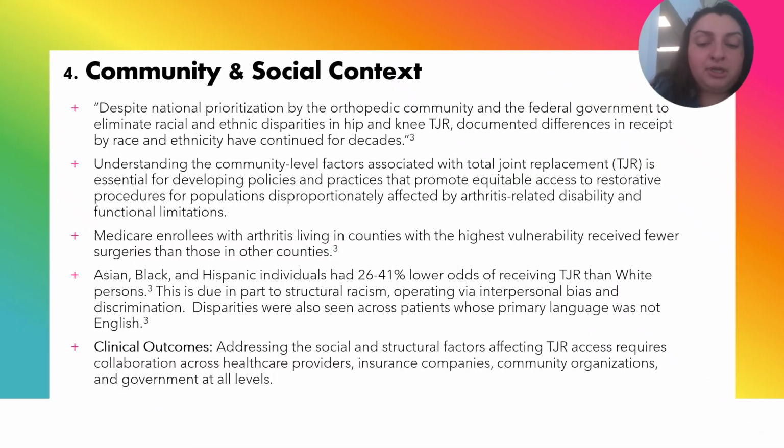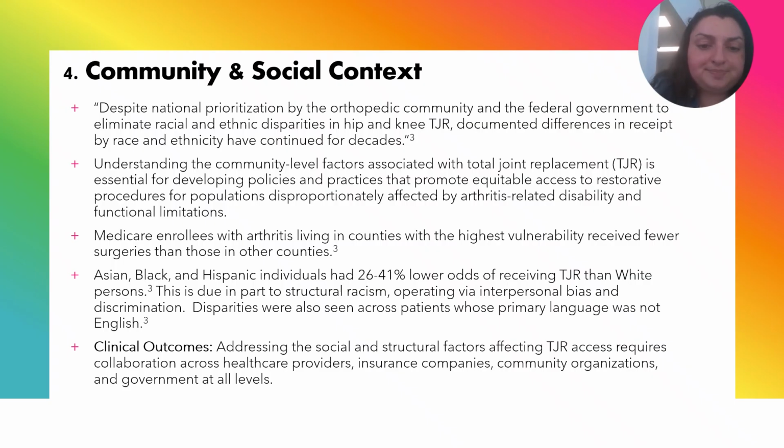As far as community and social context, clearly there are racial and ethnic disparities at work here, and it's been documented, for example, by the orthopedic community, that there are clear differences in the receipt of these surgeries based on racial and ethnic groups.